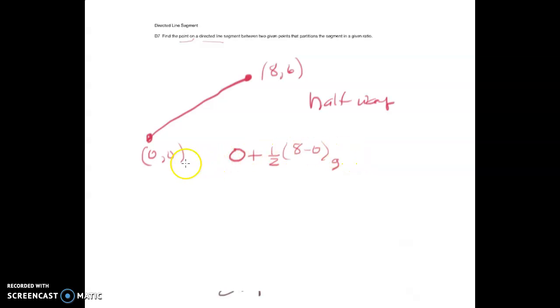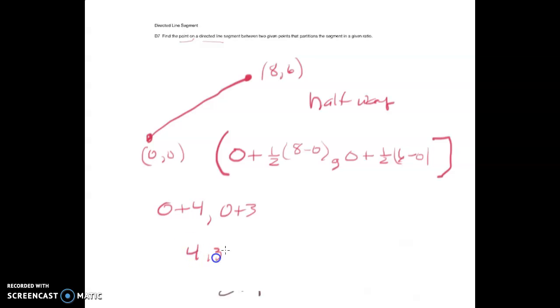Well, where does the y start? The y starts at 0 plus half the y distance. What's the y distance? 6 minus 0. Okay. So this is like a big ordered pair, okay. So what are we going to have? We're going to have 0 plus 4, comma, 0 plus 3, which is what? 4, 3.